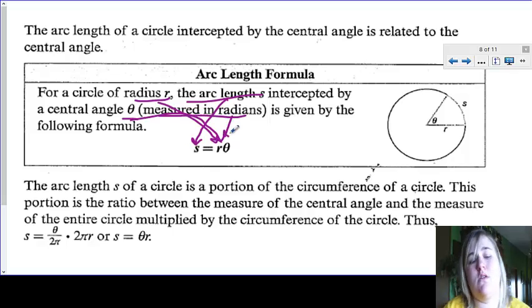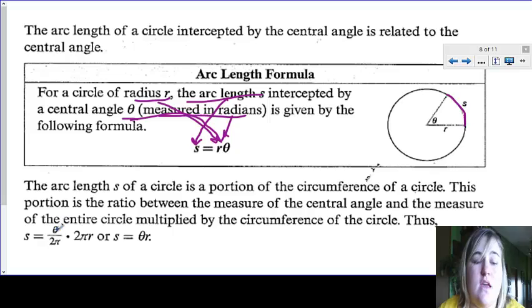That's important. Okay? So it says the arc length S of a circle is a portion of the circumference of the circle. You should know that if we're talking about this distance, that's part of the circumference. This portion is the ratio between the measure of the central angle and the measure of the entire circle multiplied by the circumference of the circle. So this is saying exactly what this said.